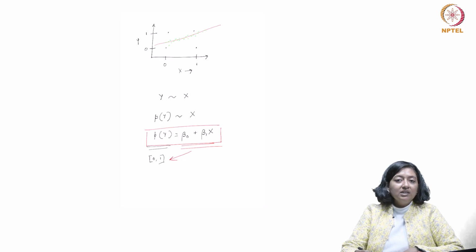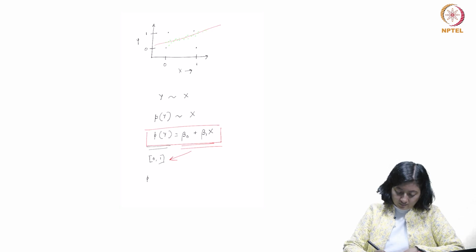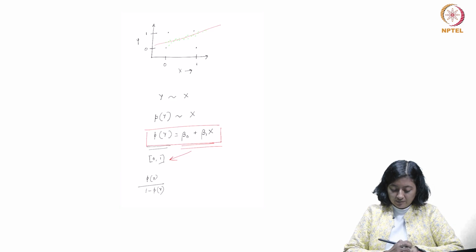also is not feasible. Model the odds ratios or the log of odds ratios instead of the probability directly. We know if probability is p of y, odds would be p of y by 1 minus p of y.